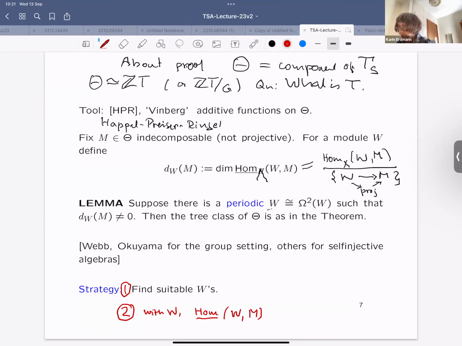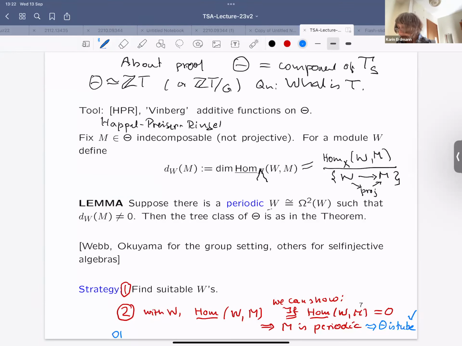And what works in this case here, we can show that if this is 0, then module M is actually periodic. And this actually does the trick, because in this case, then theta is a tube, because periodic modules are in a tube, and we know what theta is.